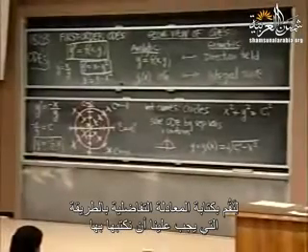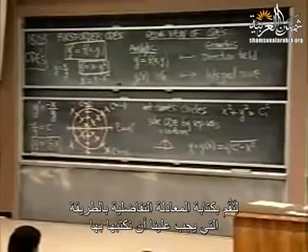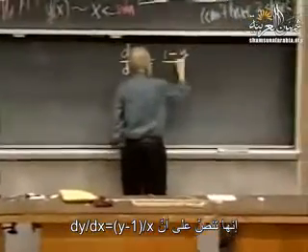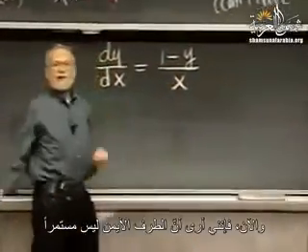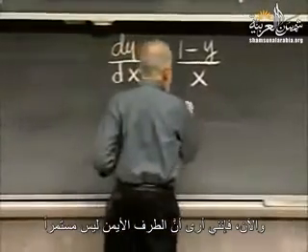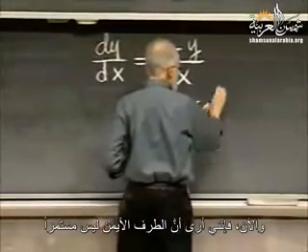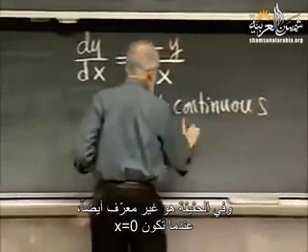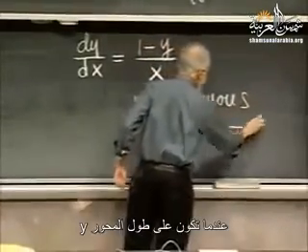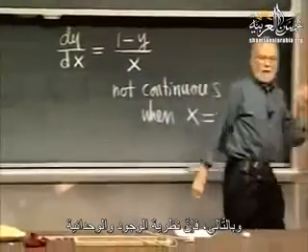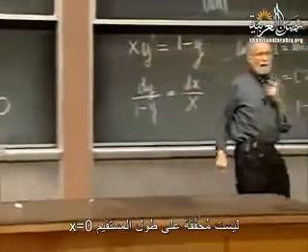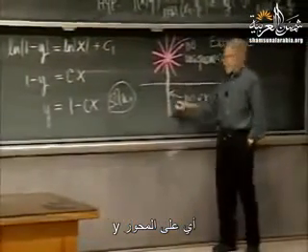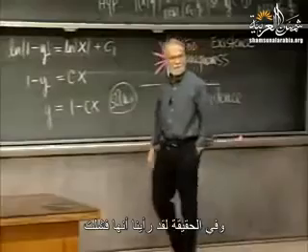Let's write the differential equation the way we were supposed to. It says dy dx equals 1 minus y divided by x. And now I see the right-hand side is not continuous, in fact, not even defined when x equals 0, along the y-axis. And therefore, the existence and uniqueness is not guaranteed along the line x equals 0, the y-axis, and in fact, we see that it failed.